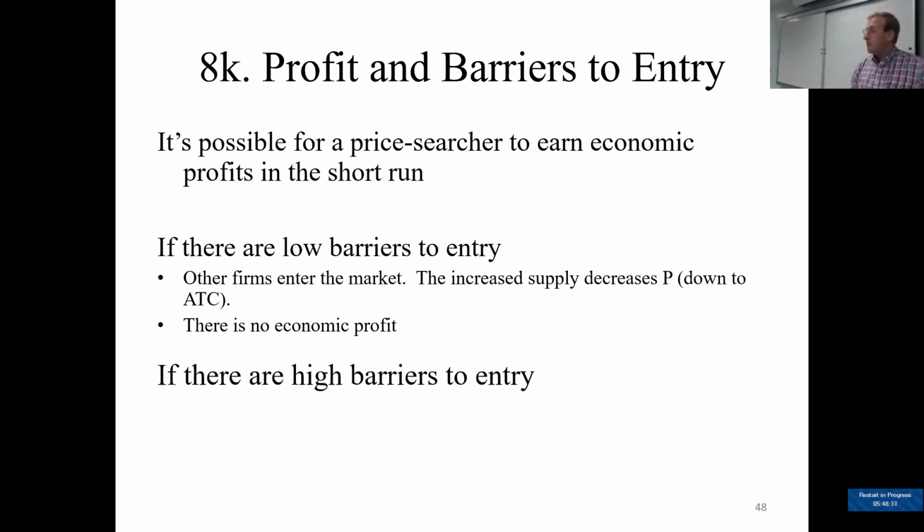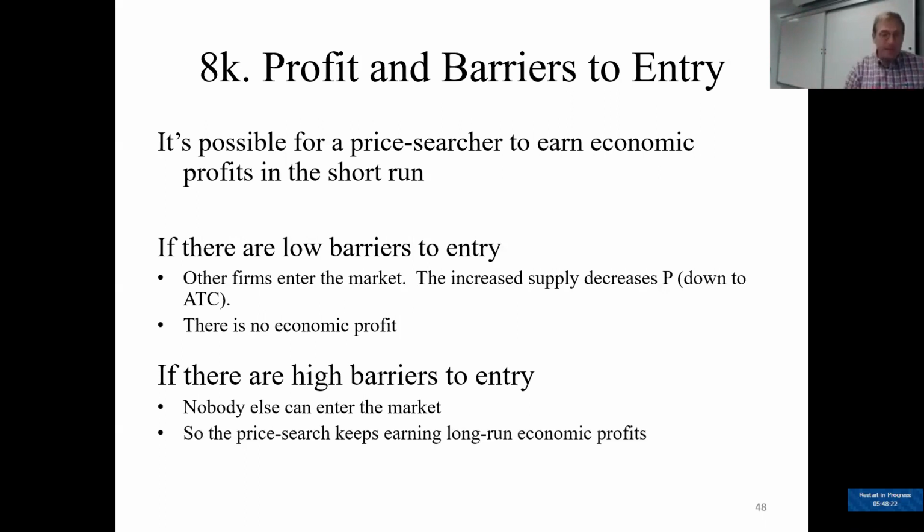If there are high barriers to entry, on the other hand, nobody else can enter the market. Maybe because it's illegal, maybe because it's too hard. Whatever the case may be, you can continue earning economic profits in the long run only if there are high barriers to entry. Otherwise, others will come in and compete down those profits for you.